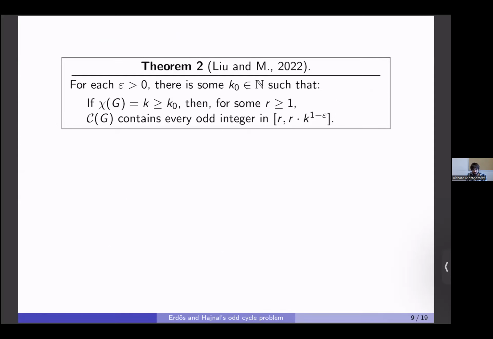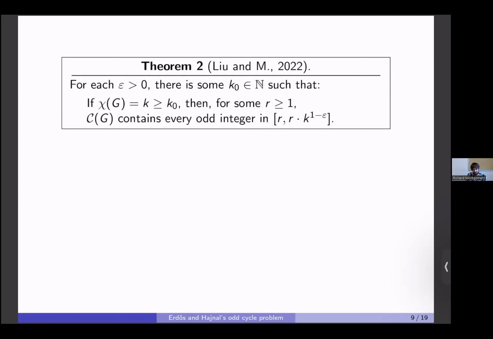The interval we're getting is not quite as good. The statement exactly says: for each epsilon there's some k naught such that if we have chromatic number k, which is at least that k naught, then for some r we're getting every odd integer in the range from r up to r times k to the 1 minus epsilon.